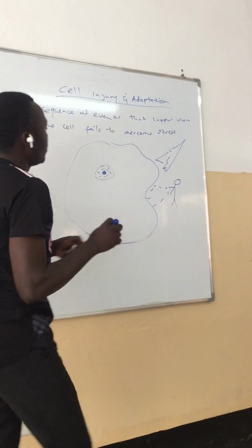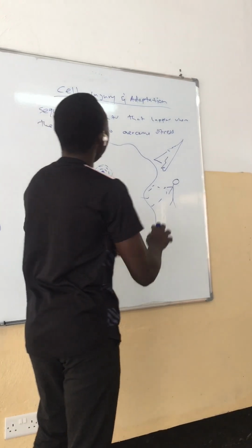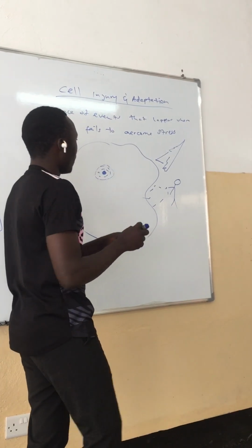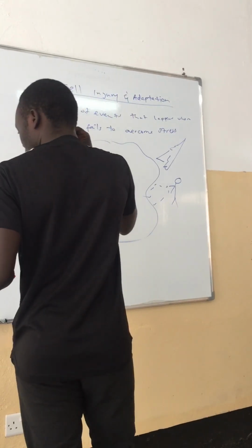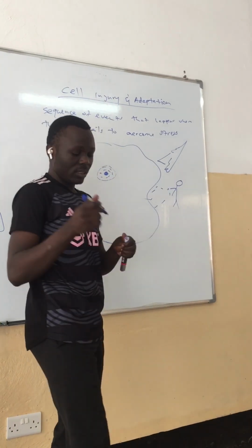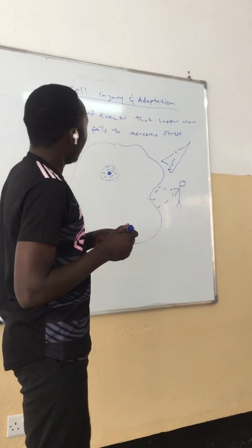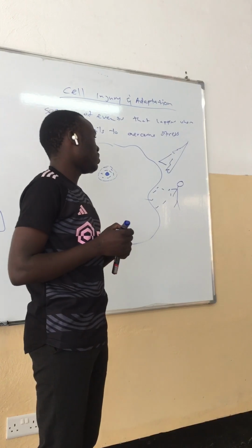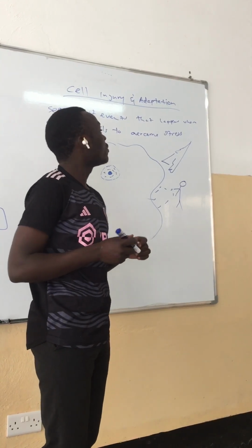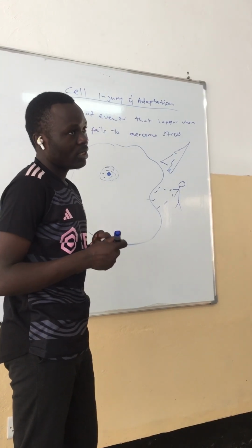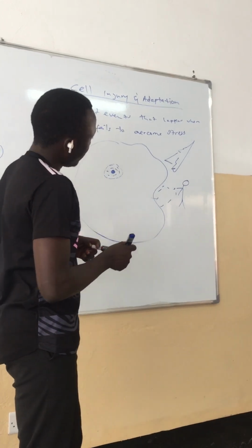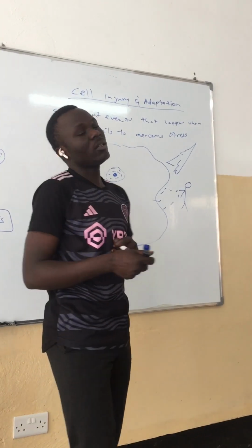What are the sequences? What happens when we put the stress on this cell? Number one, a cell can overcome a certain stress and heal itself. Number two, it either fails to adapt to that and undergoes cell death.